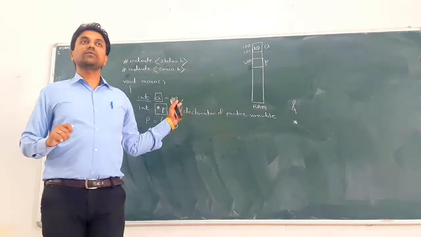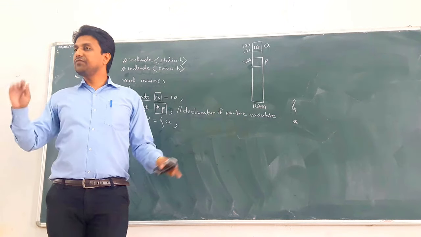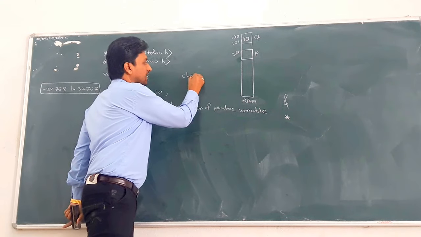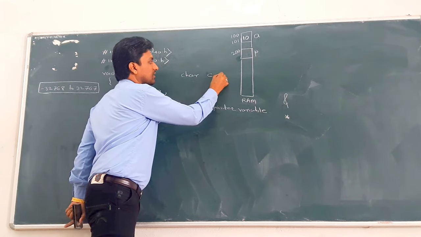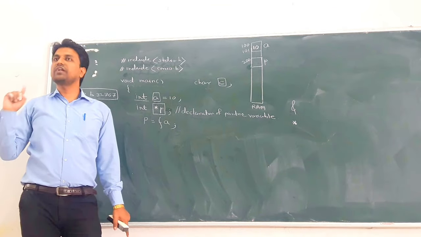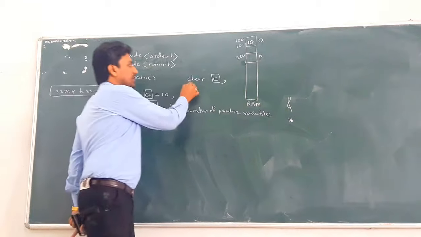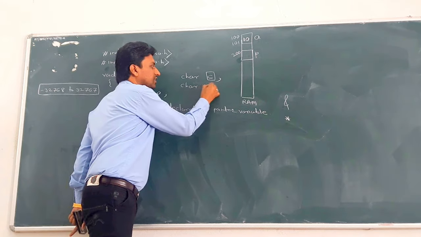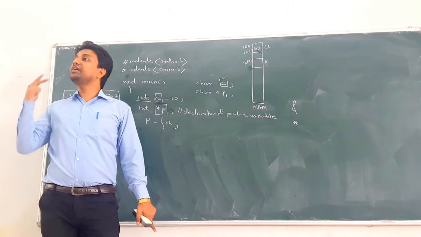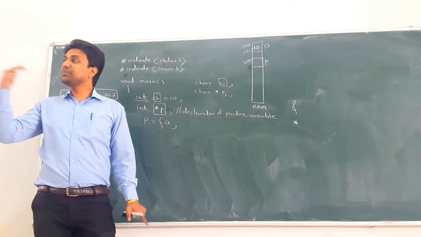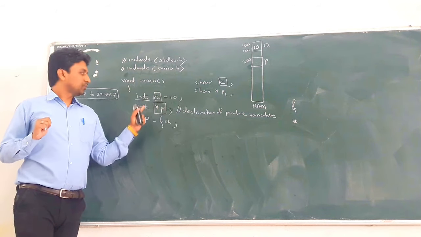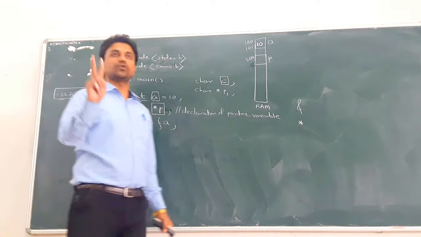If it is a character variable c, how many bytes are reserved? Only 1 byte. But if it is a character pointer p1, then for the character pointer also only 2 bytes are reserved. For an integer variable it requires 2 bytes, and an integer pointer also requires only 2 bytes.